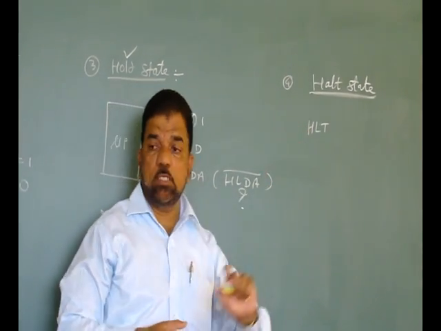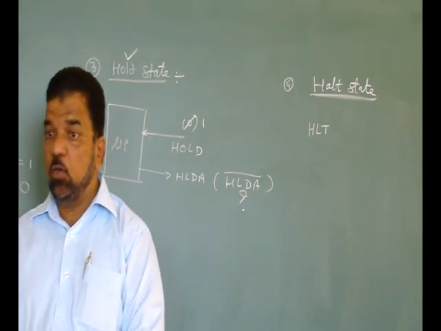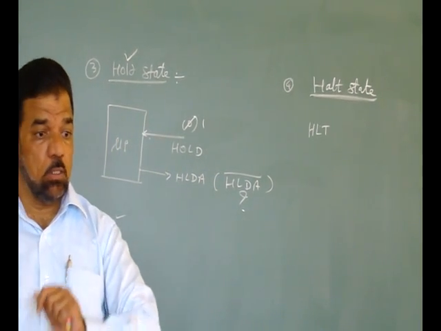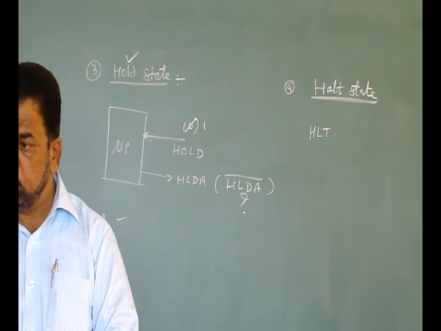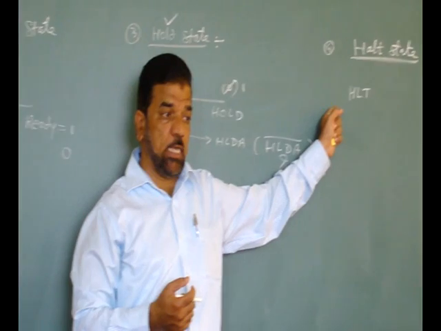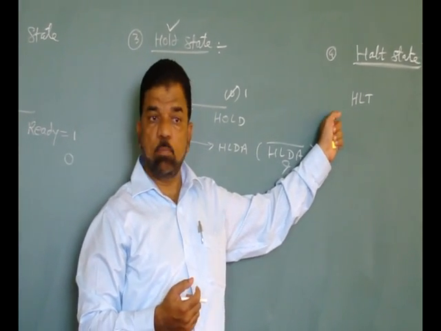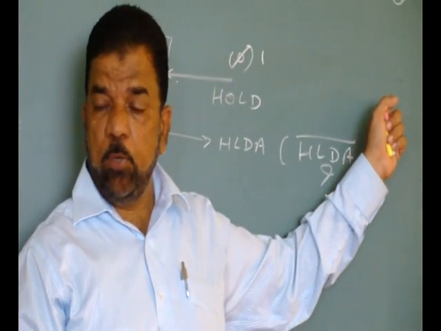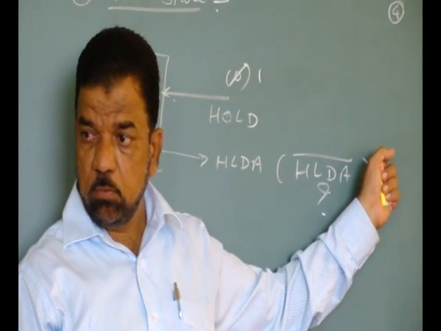When this particular instruction gets executed, the processor stops processing. But internally, in the first machine cycle, what happens? In the T1 state, PC contents get outputted.